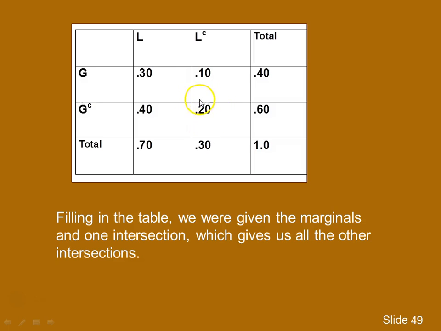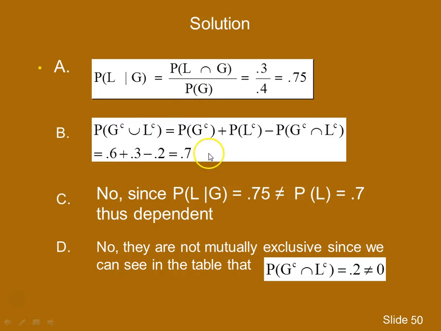So we had to subtract it out once. So G complement union L complement is basically this plus this plus this. 0.4 plus 0.2 plus 0.1, which equals the 0.7 that we have right here.